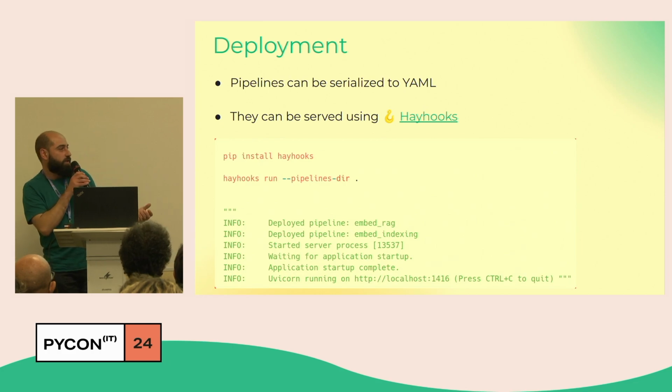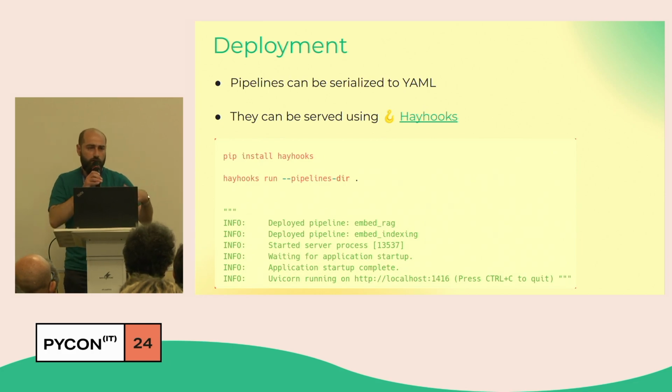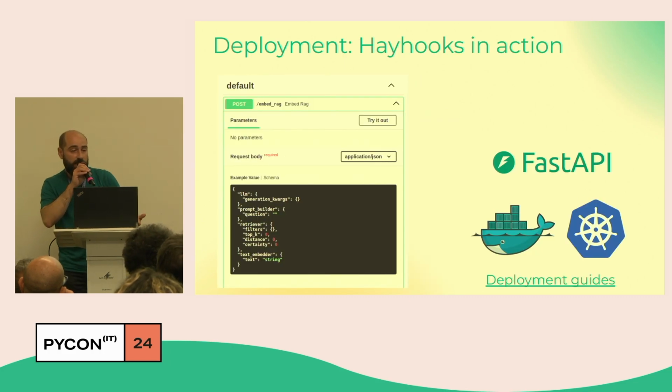Obviously, another topic is deployment of your application. Here I'm talking particularly about Haystack. Haystack pipelines can be serialized to YAML, and they can be served using this little project called Hayhooks. In this case, you run hayhooks run with your pipelines directory, and your pipelines are served as FastAPI endpoints.